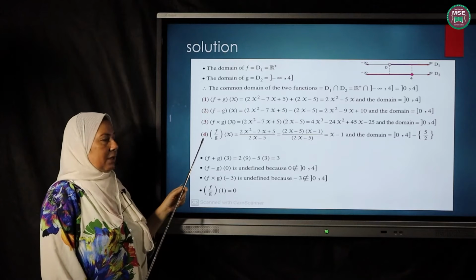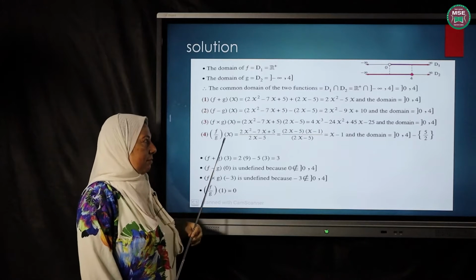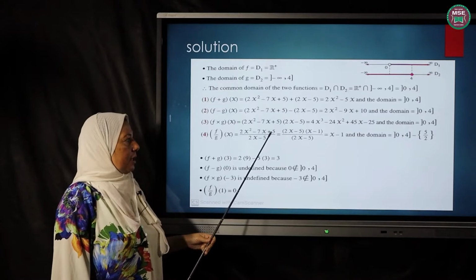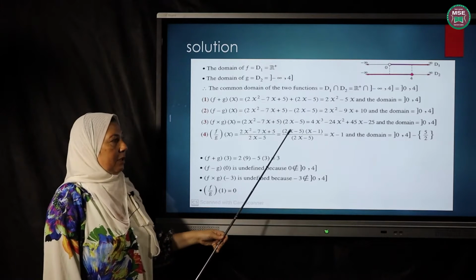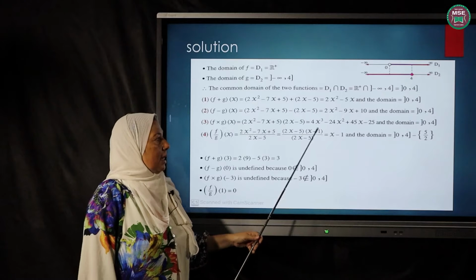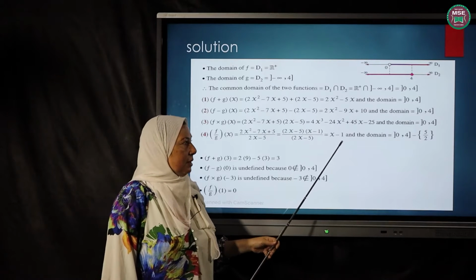Number 4, f over g of x, the fraction function: 2x squared minus 7x plus 5 over 2x minus 5, factorizing, equals, after simplifying 2x minus 5 divided by 2x minus 5, 1.